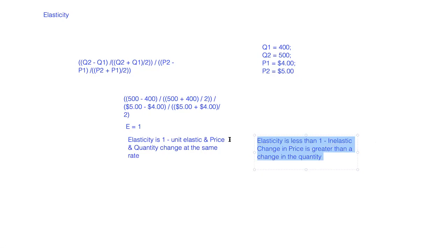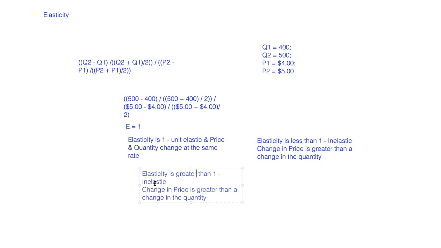Okay, finally, we're going to have something called elastic, which is going to be greater than 1. That effectively means that the change in price is actually less than the change in quantity.